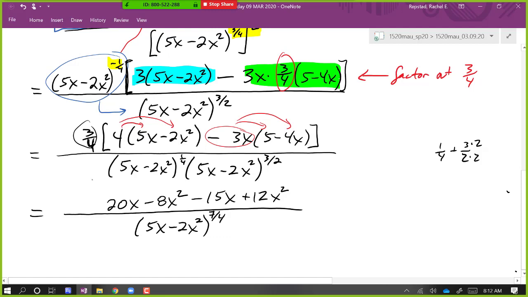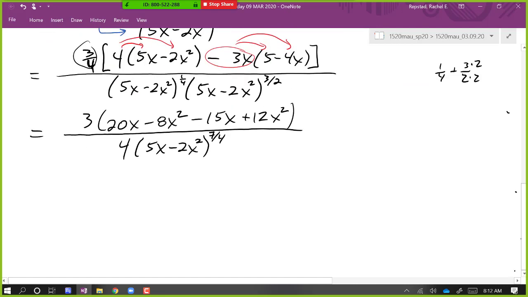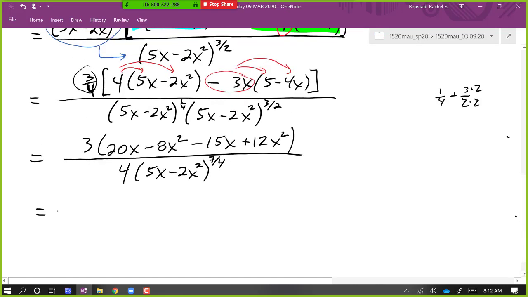This 3/4 I'm going to write as a factor of 3 on top and a factor of 4 on the bottom. And then we could combine like terms. In the parentheses on top, we have some like terms to combine. So we end up with 4x squared plus 5x.